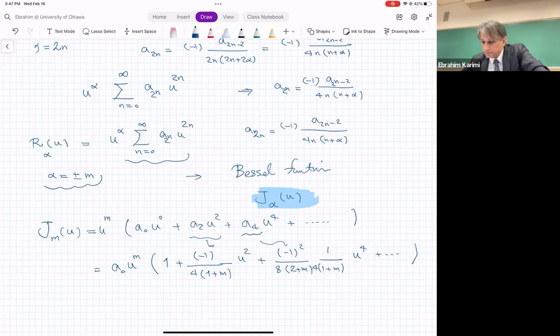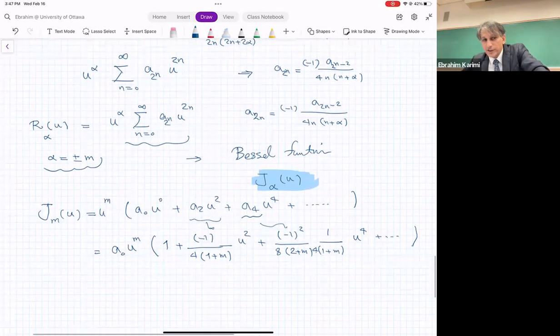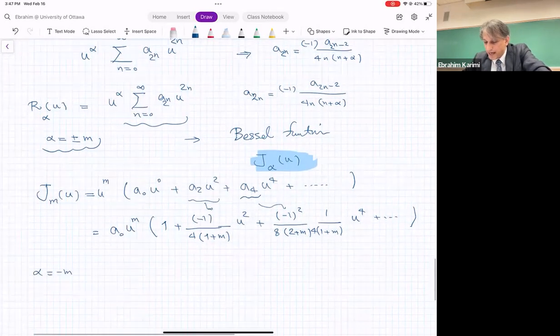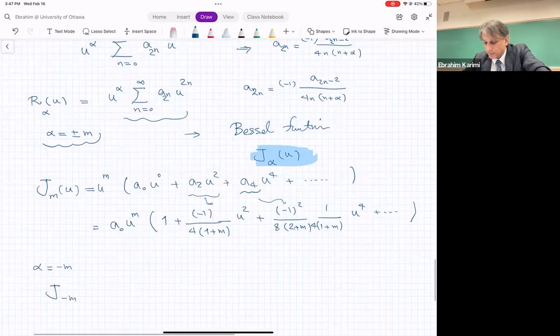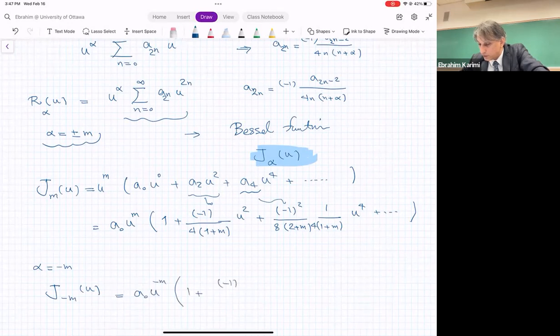By the way, this is not the only solution. Remember that if alpha is equal to plus m, that is the relationship. When alpha is equal to minus m, the result will be J minus m of U, which means that the coefficient will start from A0 U power of minus m, 1 plus minus 1 U power of 2 divided by 4, 1 minus m.